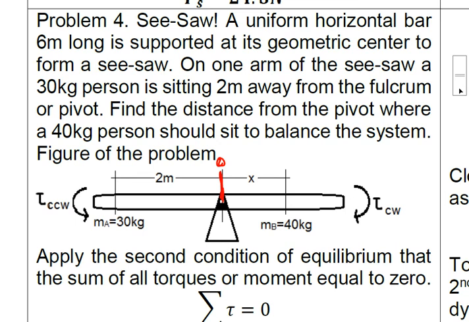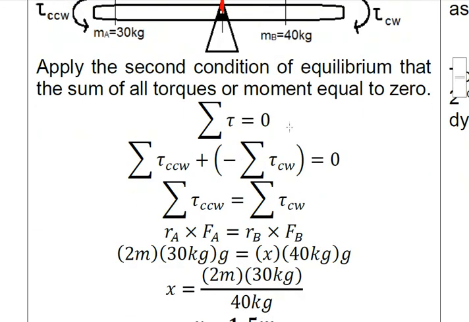Okay, so with that, to maintain the balance of the system, we can actually compute where to put this 40 kilogram person. In this case, you're going to apply the conditions of equilibrium, particularly the second condition.